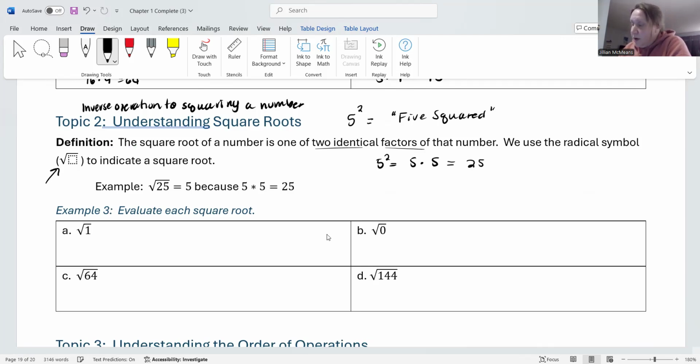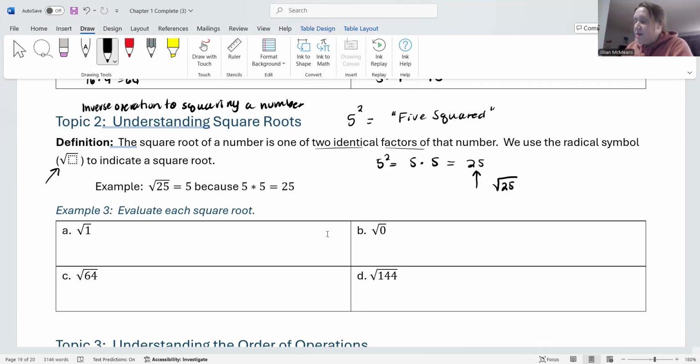Now we take this 25 and ask ourselves, what are the 2 identical factors that make up 25? Well, 5. If I take 5 and multiply it by itself, I get 25. The way we represent this to our reader is with this square root or radical symbol. The radicand is what goes under the radical.